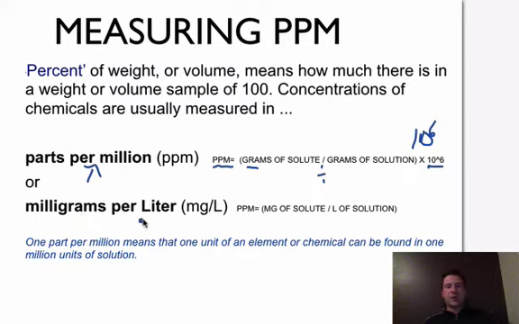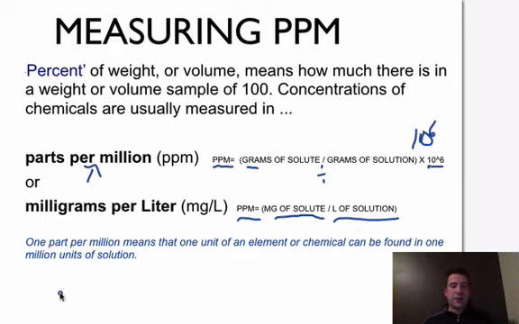Now milligrams per liter: parts per million equals milligrams of the solute divided by liters of solution. The solute is something that is dissolved in the solvent, and then it forms a solution. So milligrams of solute divided by liters of solution.